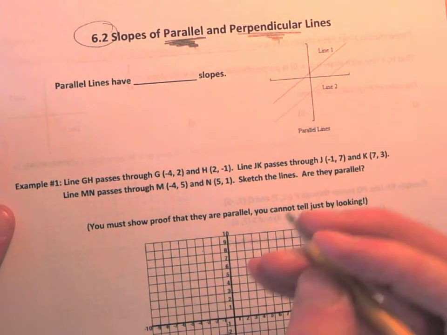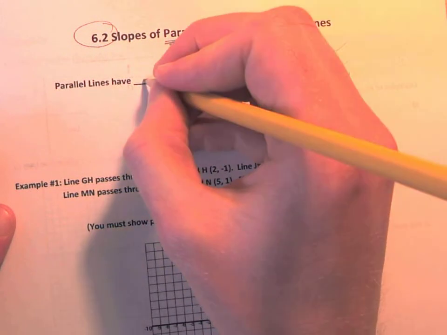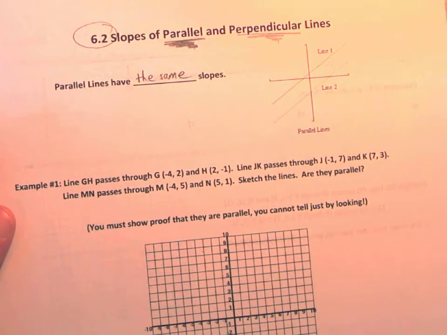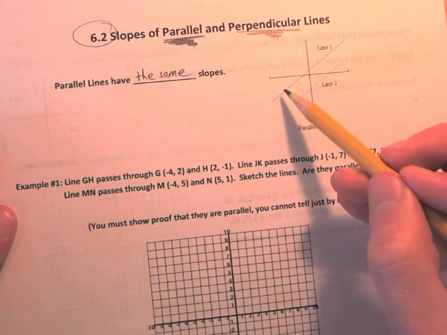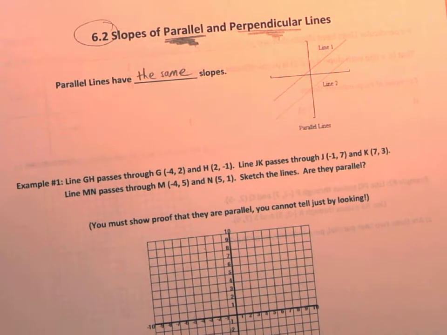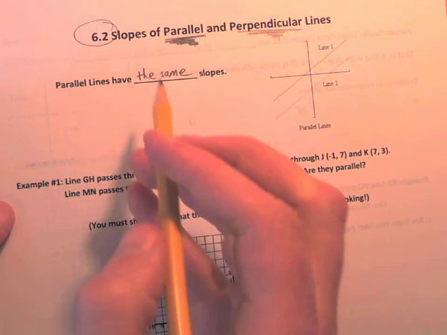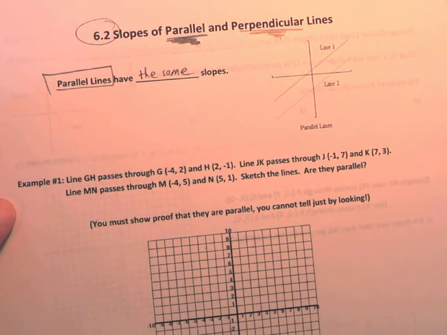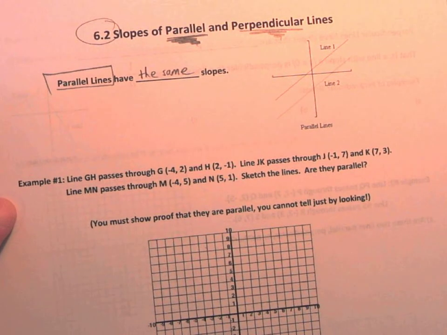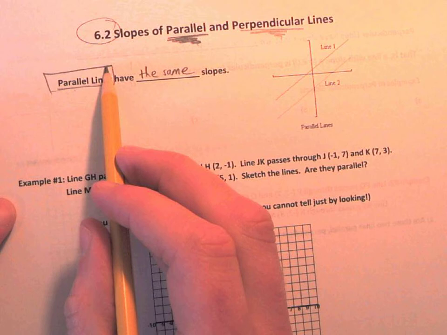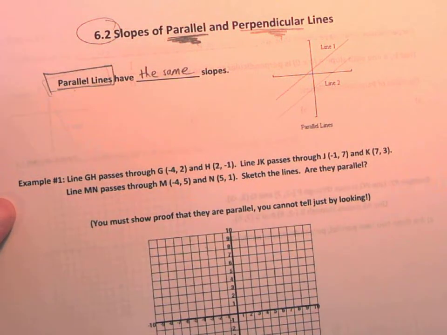Okay, so parallel lines have the same slopes. So an example here is if you have two lines that have the same slope, then you can call them parallel. So if you calculate two different lines' slopes and they're the same, we can call them parallel lines.